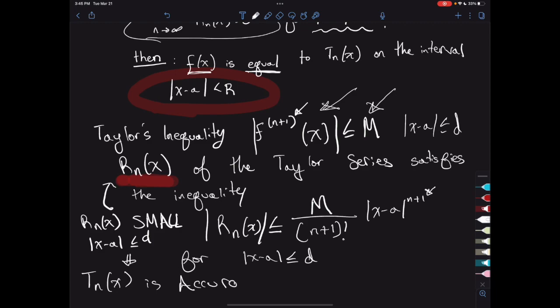The smaller Rn of x is, the more accurate Tn of x is. And that means that the polynomial expression we get, Tn of x, is going to be more accurate to the function that we're trying to approximate. This is really just a way to understand how accurate our function really is when we approximate it.